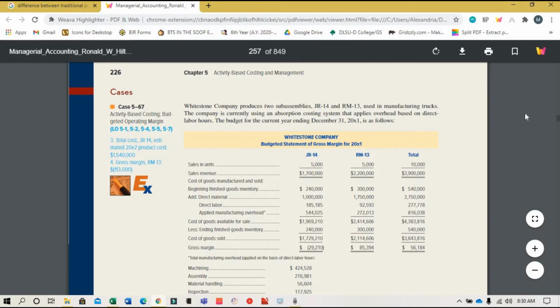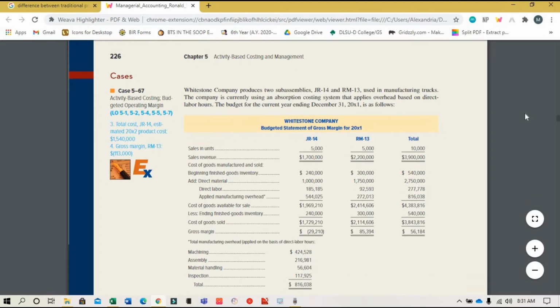Its ending finished goods inventory is 300,000. Its cost of goods sold is 2,114,606, and of course its gross margin is 85,394. And again, its applied manufacturing overhead pertains to the total manufacturing overhead applied on the basis of direct labor hours.